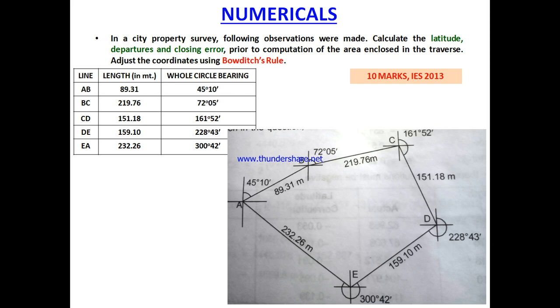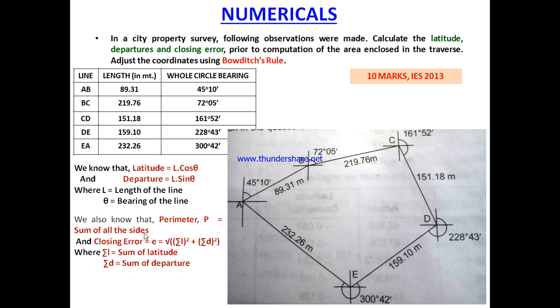For the third quadrant, both latitude and departure will be negative, and for the last quadrant, the latitude is positive while the departure is in the west direction, so it will be taken as negative. Now this is the formula which you already know from the previous lecture. We also know that the perimeter will be equal to the sum of all the lengths of the traverse lines.